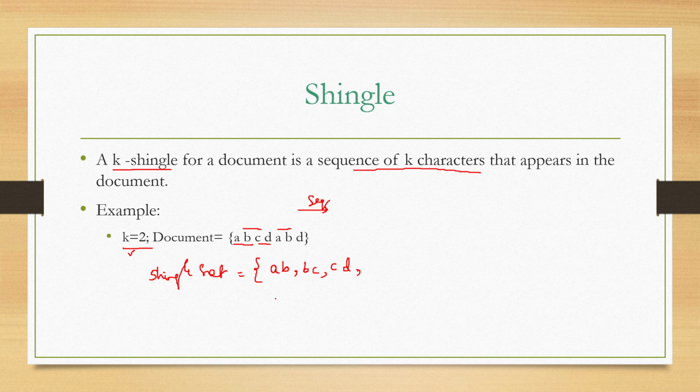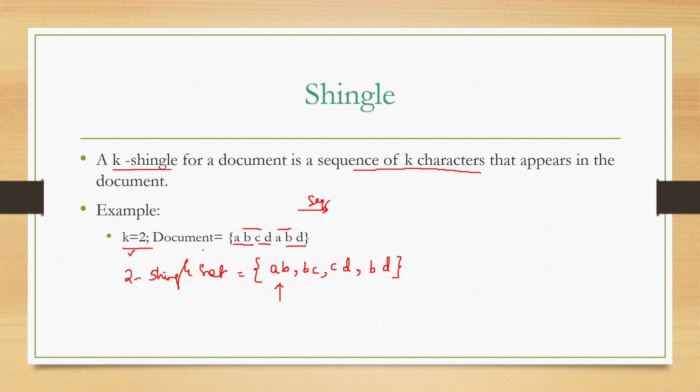Next is AB. If you see, AB is already present in this set, and if we are writing inside a set, if it is already included, we do not rewrite it in the shingle set. So we move ahead and we get BD. So these four elements will be the two-shingle set for this document.